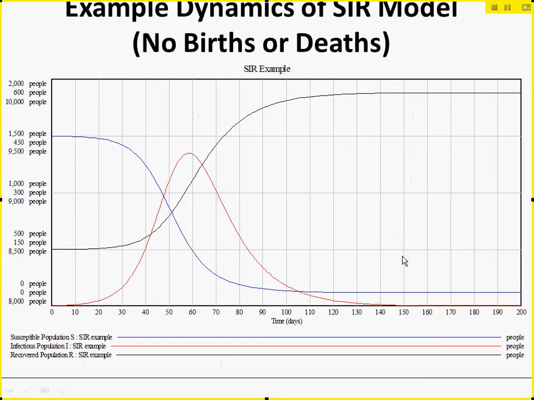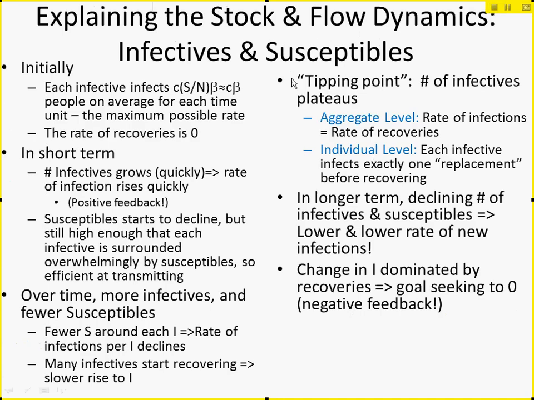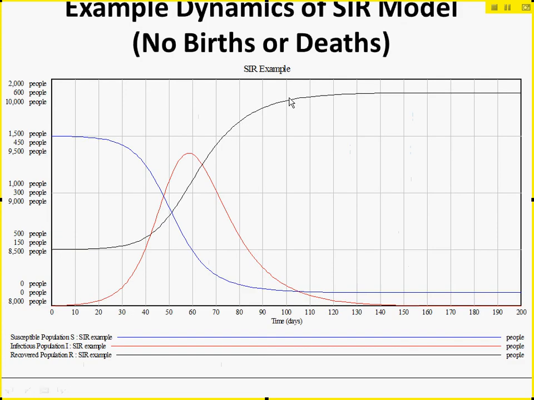Now, at some point, ladies and gentlemen, there's going to be a plateau. There's going to be a tipping point. This point here. What is going on at that point? Give me one thing from an aggregate perspective that has to be the case. If the number of infectives is flat, it's not going up, it's not going down. What does that tell us from a stock and flow perspective?